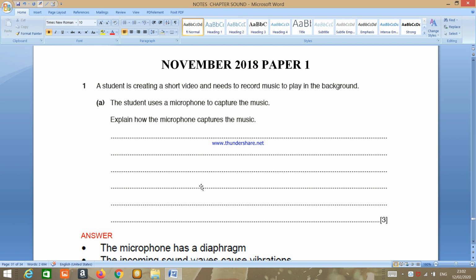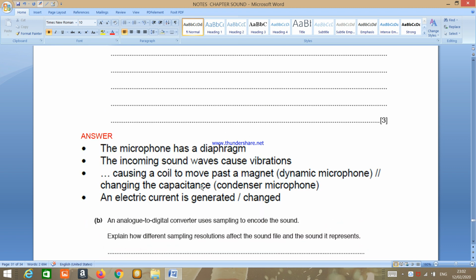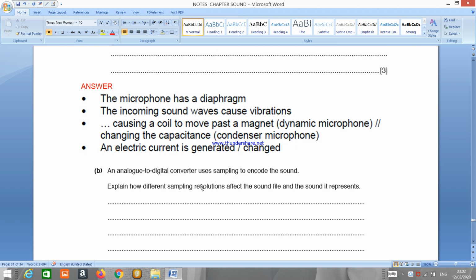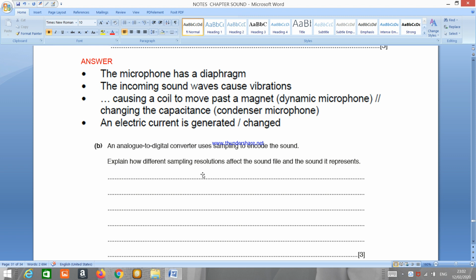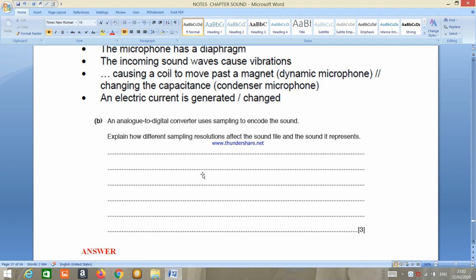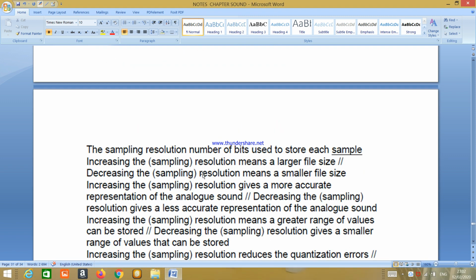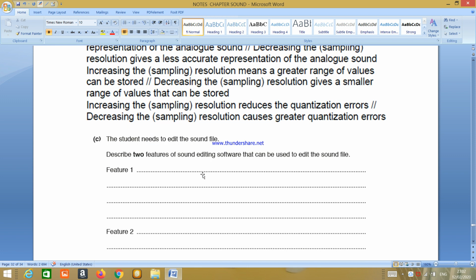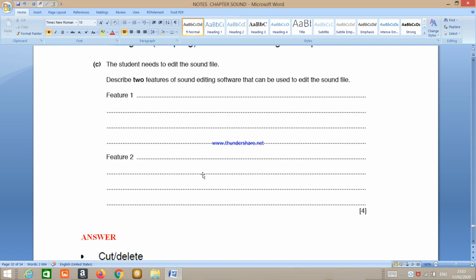This question is about a microphone, how sound is recorded. Explain how different sample resolutions affect the sound representation. Next is, describe how the student needs to edit the sound.